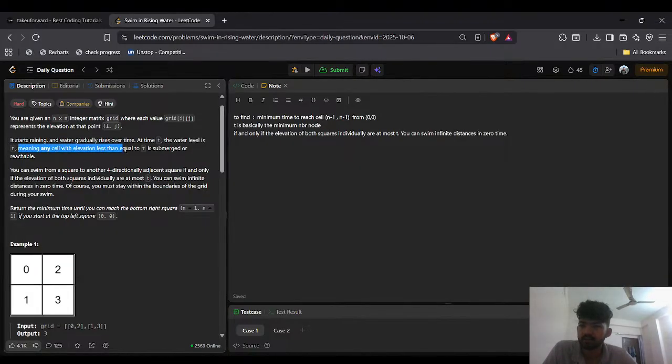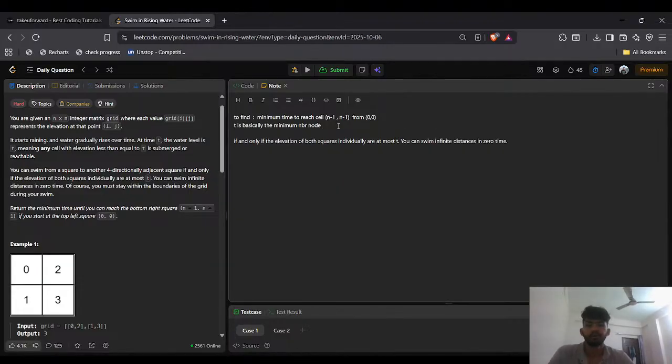Any cell with elevation less than or equal to t is submerged or reachable. We can swim infinite distance in 0 time. This is kind of what is given to us, so we can mention this as given.